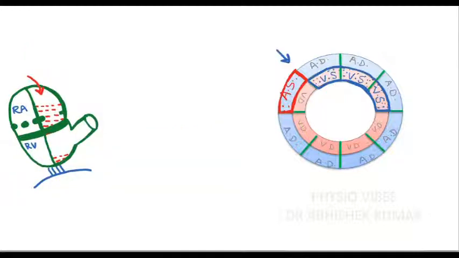Now analyze the situation at the end of 0.3 seconds, that is at this very point, where the ventricular systole has ended and atrial diastole is still continuing. So the atria has been filled with some amount of blood, and majority of the blood has been ejected from the ventricle into the aorta.